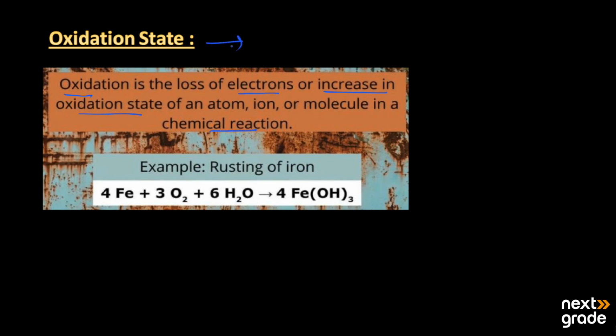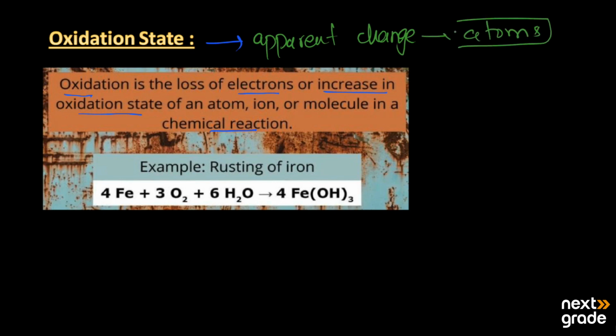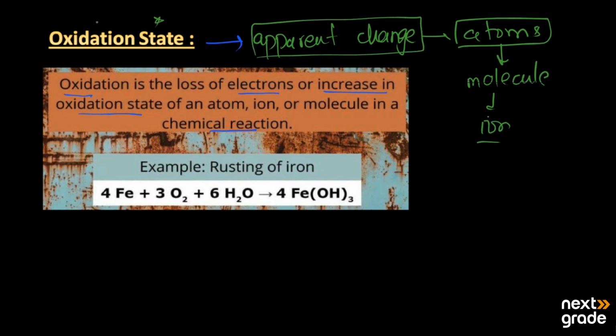Oxidation state can be defined as an apparent charge that an atom will have, carried by an atom in a molecule or in a compound, or present in an ion. That apparent charge is known as the oxidation state.